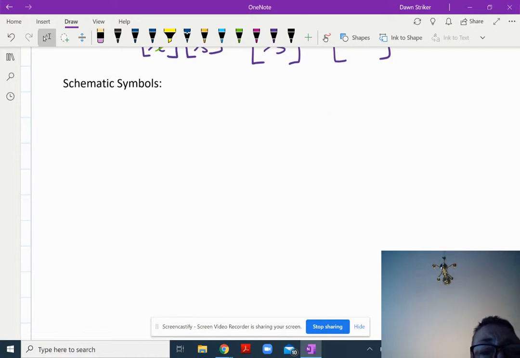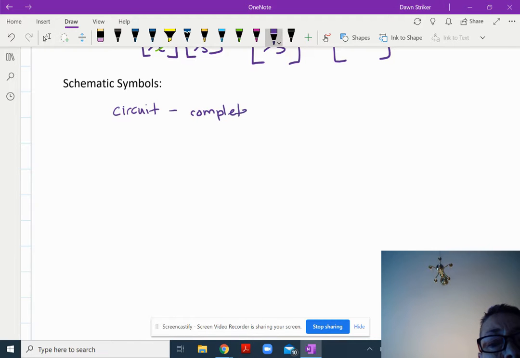What about schematic symbols? And so when we put together a circuit, remember a circuit is a complete loop. Circuit has to be a complete loop for current to flow. If there's any gap in a circuit, then current is not going to flow.